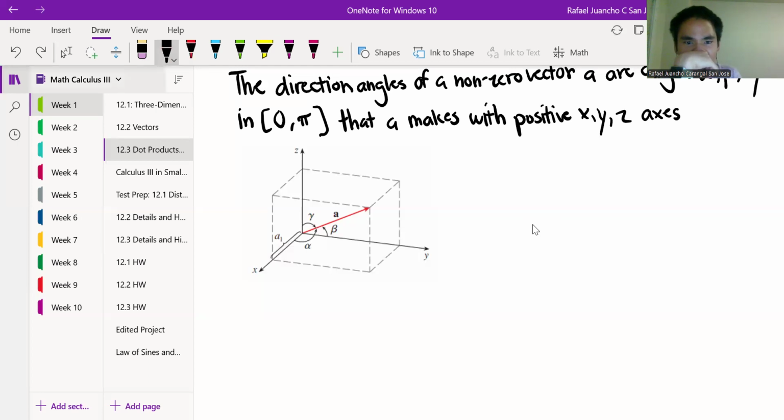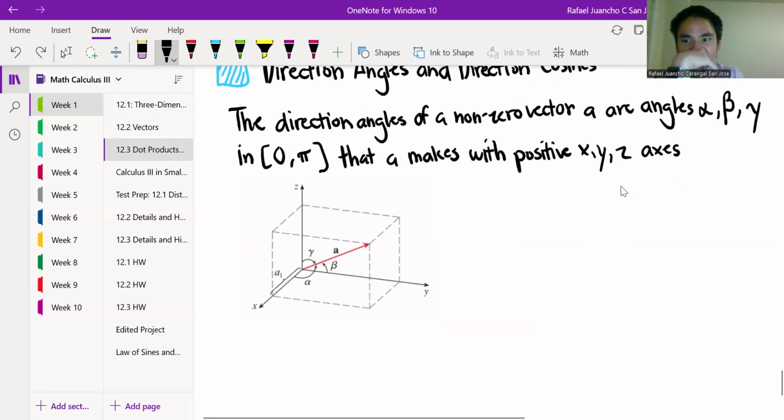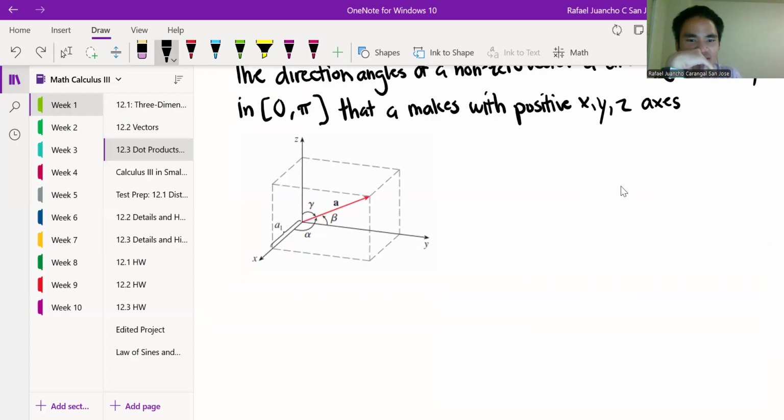We have our first angle in terms of x. It goes from here to here. That's our alpha. And then from y, that's our beta. And then for epsilon, for our z part, is that one.